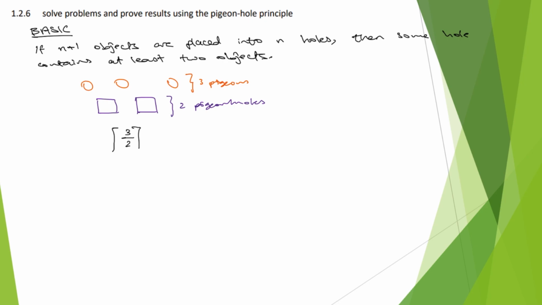In this case, that's equal to 1.5, but because I'm finding the ceiling, I think I already introduced you to the floor in the previous video where you round down. The ceiling involves rounding up. 3 divided by 2, in this case, is equal to 1.5, rounding up, we get 2. And hence, we have at least 2 pigeons in some pigeonhole.